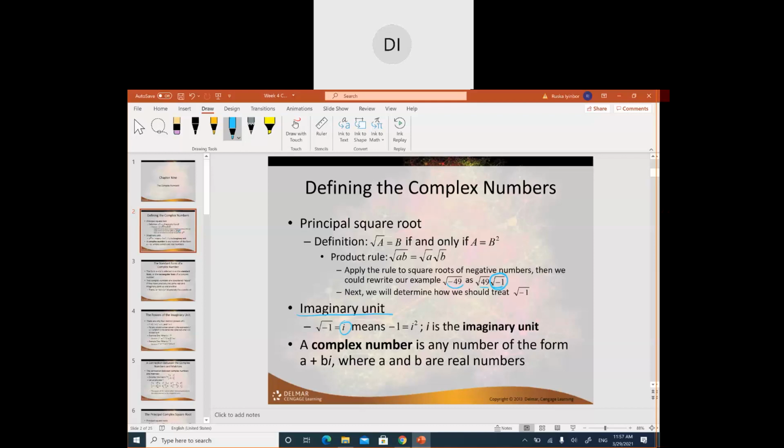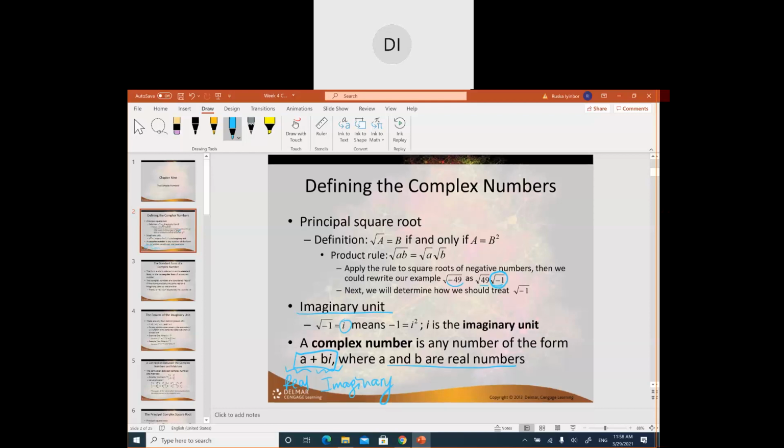And then a complex number is represented in this form, a plus bi. a and b are real numbers, okay? a is called the real component, and b is called the imaginary component, because it's connected with the i. So that's the definition of complex numbers.